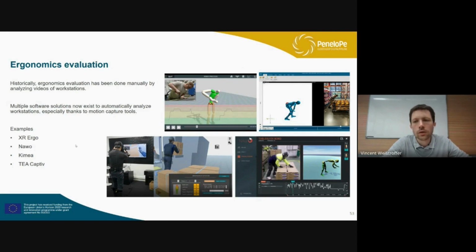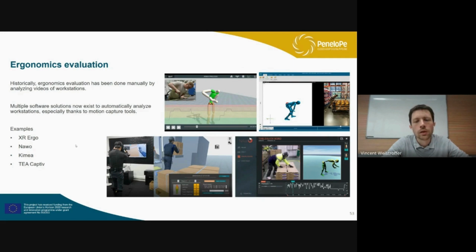Compared to manually done analysis, what is really important to understand is it can provide you automatic analysis. It can also give you some objective data, because the motion capture gives you objective data. It's not based on observation by a person. It's really based on the motion capture sensors.